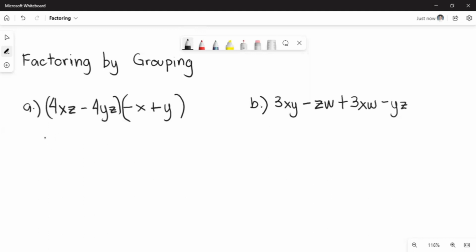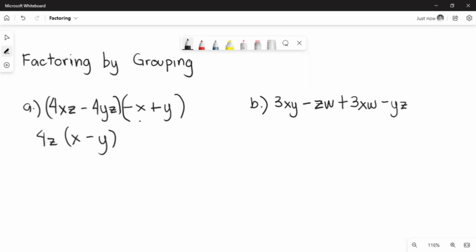Okay? Now, the common factor on the first two terms is 4z. Therefore, 4xz divided by 4z, that will give us x. And negative 4yz divided by 4z, that will give us negative y.